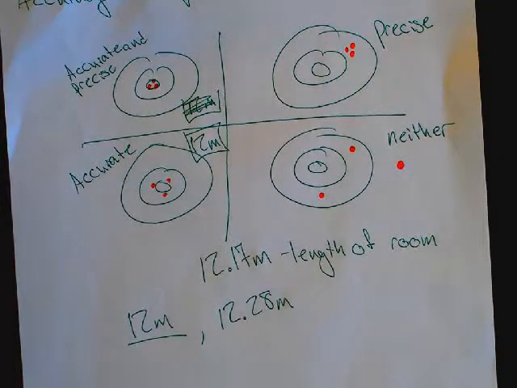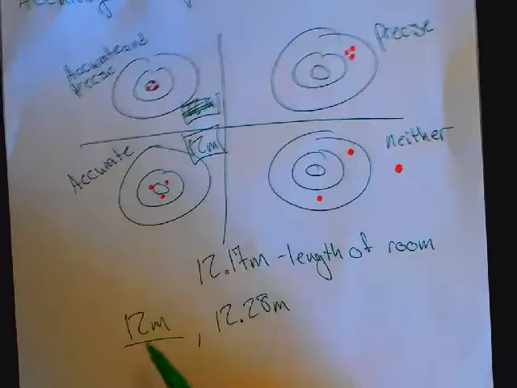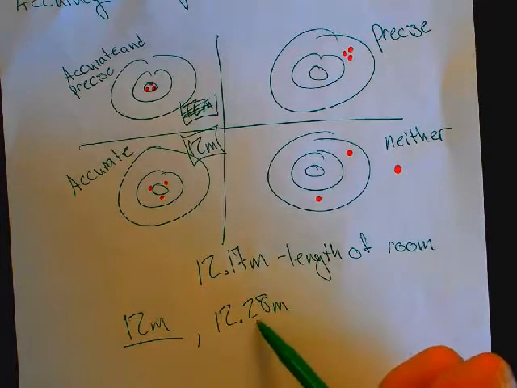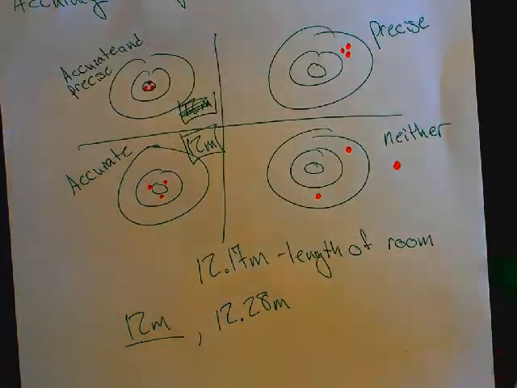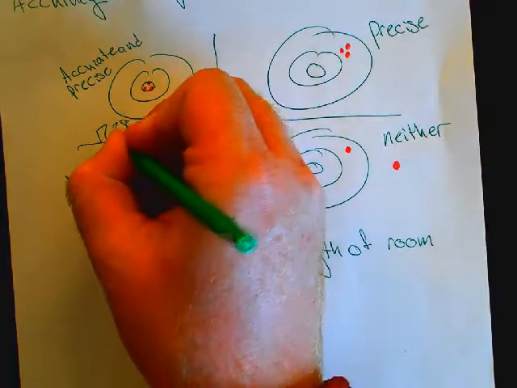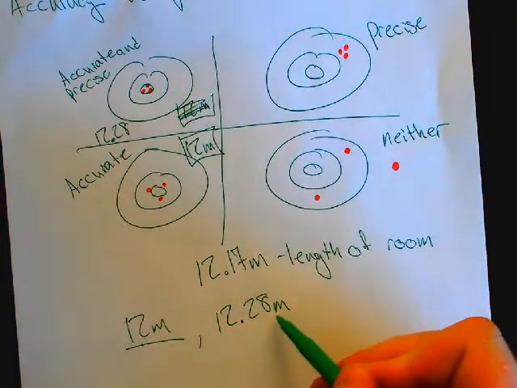Okay, I agree with you that it should be precise because it is a more exact value. However, I would also say it's accurate because it's reasonably close to the actual value. So if we're calling 12 meters accurate, we should probably say 12.28 is also accurate. So I would say that this one is both accurate and precise because it's both close to the real answer and shows a level of exactness.